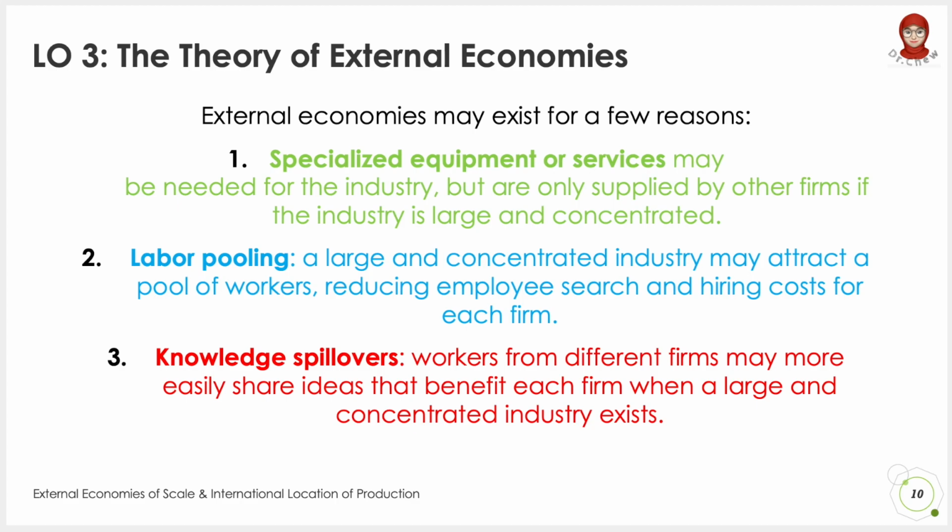As we have just seen, a geographically concentrated industry is able to support specialized suppliers, provide a pool labor market, and facilitate knowledge spillover in a way that a geographically dispersed industry cannot.